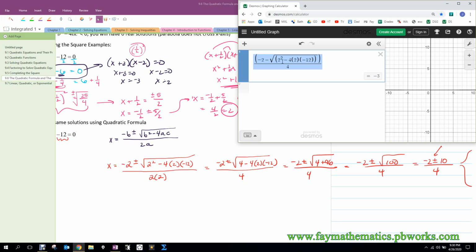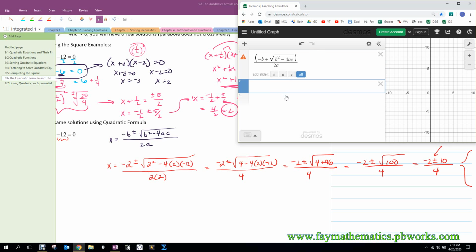Okay. Another way, now I don't want to maybe use this too much, but if we understand how Desmos works, we can go opposite of B, we can go plus, I can type square root, B squared minus 4AC, divide it all by, I've got to make sure everything is divided by this, so we'll go back and put a parenthesis here, and a parenthesis there, and then go 2A, okay.